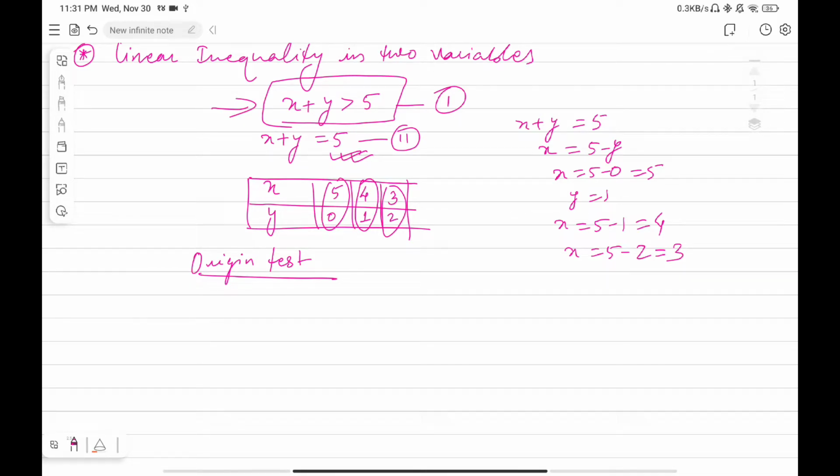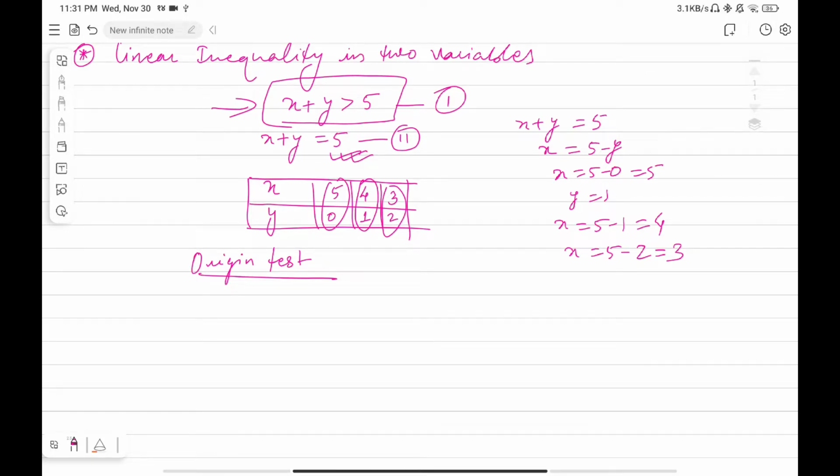If the statement is true, then we shade towards the origin. If the statement is false, then we avoid the origin, and we shade the other part of the line which does not contain the origin.